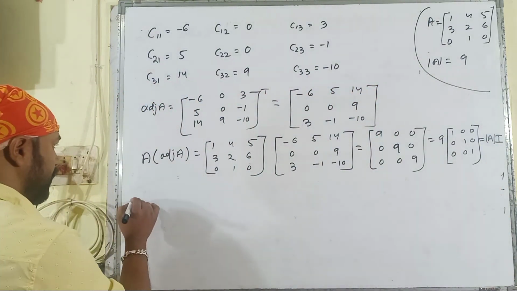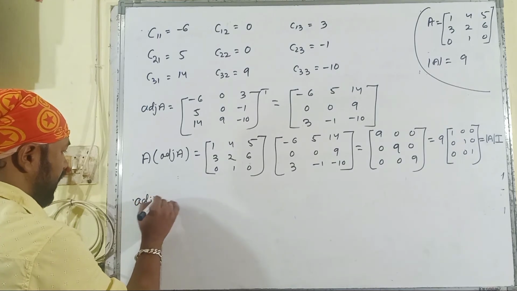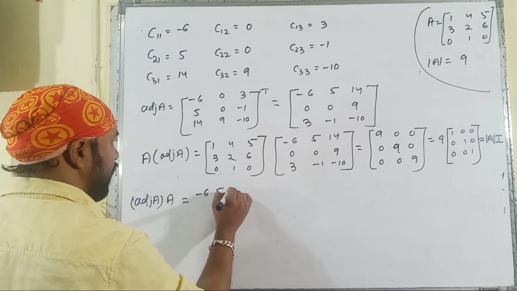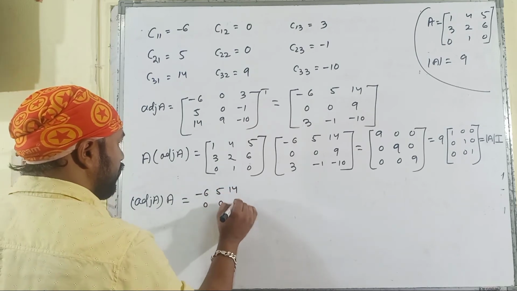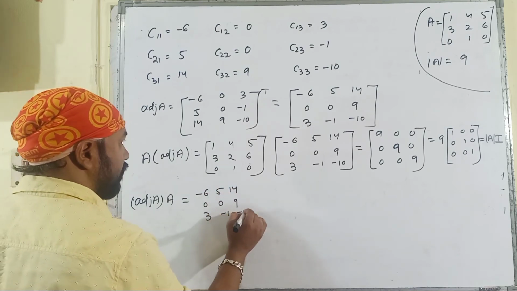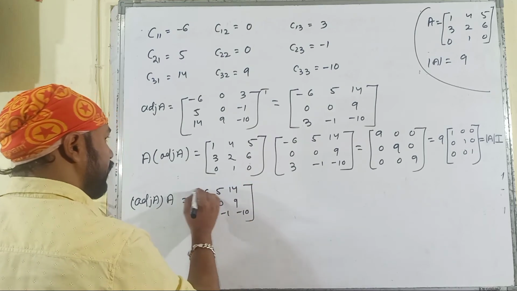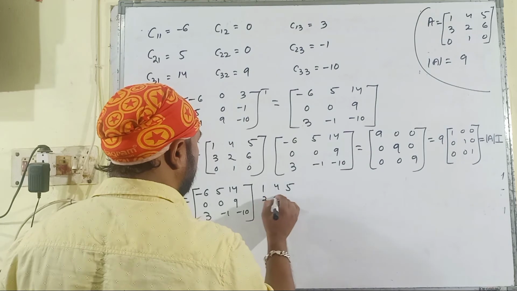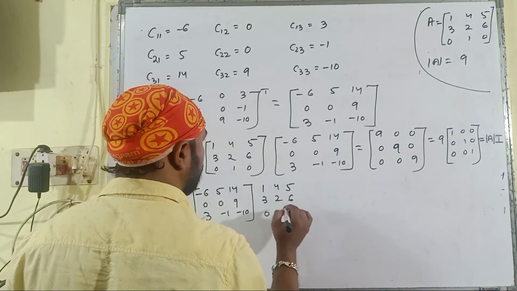Then again find the adjoint of A multiplied with the matrix A. This will be [-6, 5, 14; 0, 0, 9; 3, -1, -10] multiplied with [1, 4, 5; 3, 2, 6; 0, 1, 0].